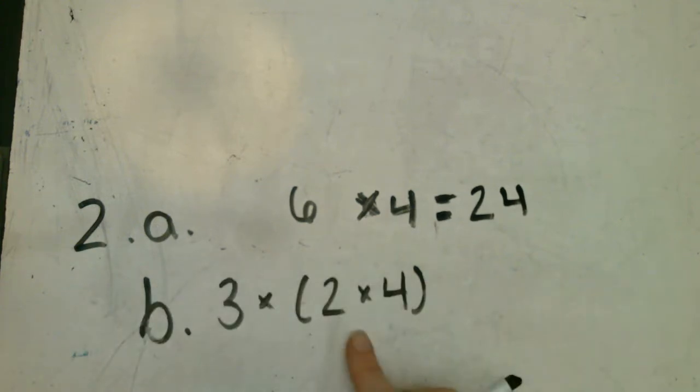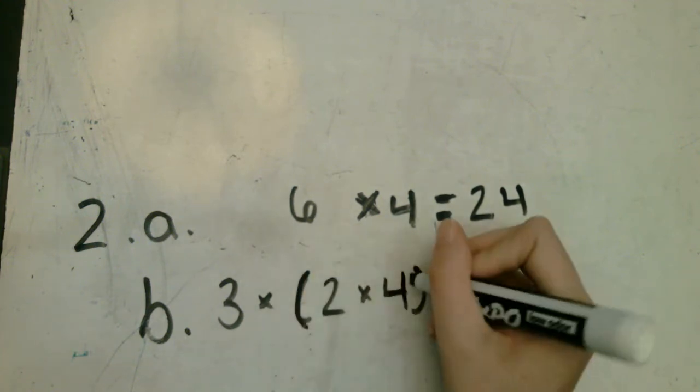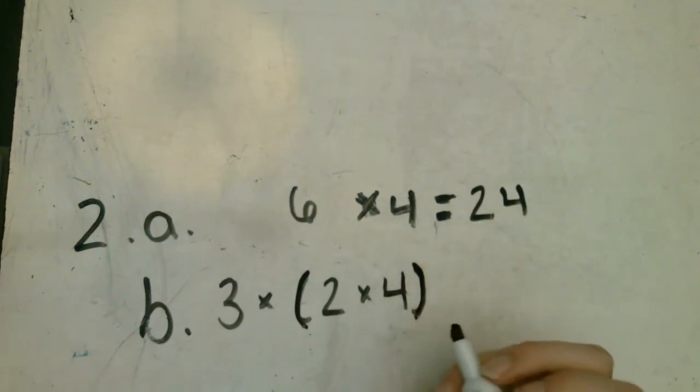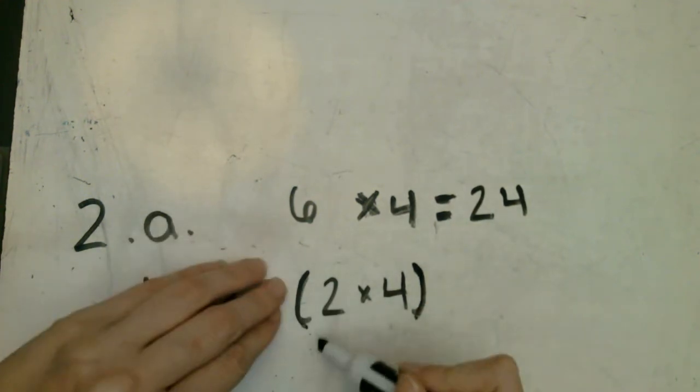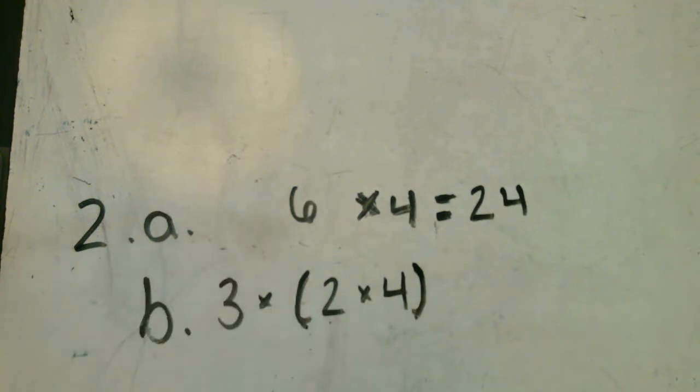Let's see if the same multiplication problem, it has the same factors we used in the above one, changes if we put our parentheses around the 2 times 4 instead. Let's start with 2 times 4 because it's in our parentheses. Everybody shout out, what's 2 times 4?